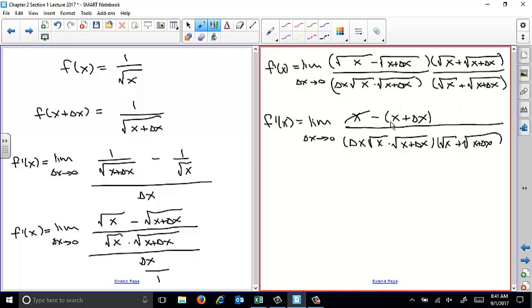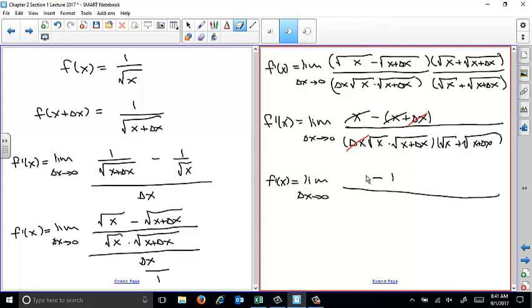Okay, so these cancel out, and what I'm left with is negative delta x. But that negative delta x can then cancel out with that delta x. So my final simplified expression is going to be the limit as delta x goes to 0 of negative 1 divided by, sorry about that, that's not very good.